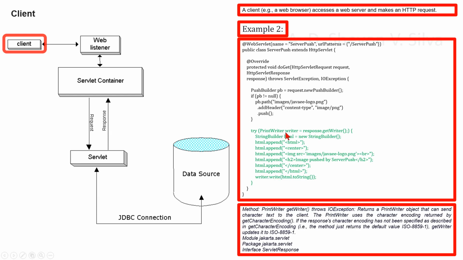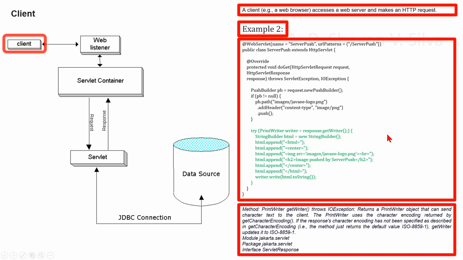If the response character encoding has not been specified as described in getCharacterEncoding, that is, the method just returns the default value ISO-8859-1, getWriter updates it to ISO-8859-1, and this is in the interface ServletResponse, and it is in package jakarta.servlet, and module jakarta.servlet.